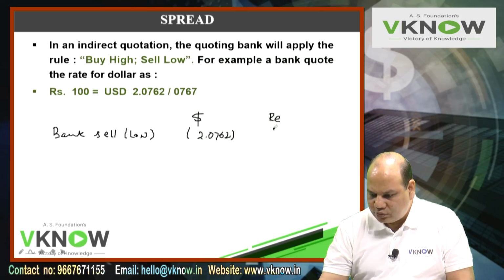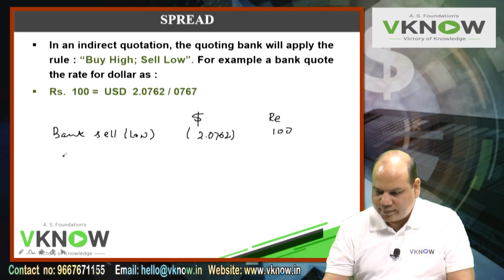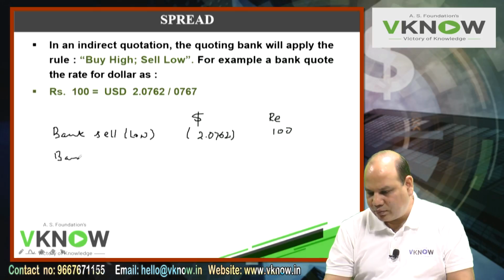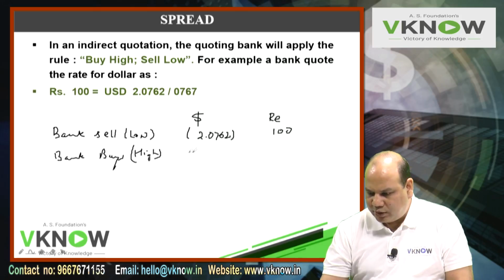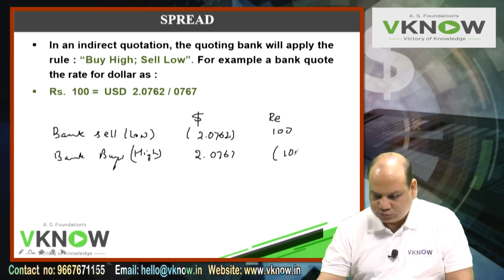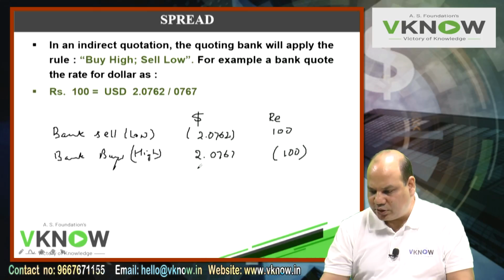Rupee inflow 100. Bank buys, buy high. So the bank will buy dollar from you by asking you to give 2.0767, and in return the bank will give you 100 rupees.